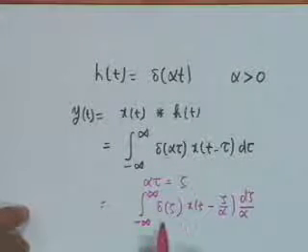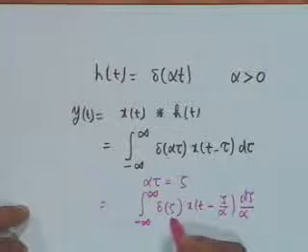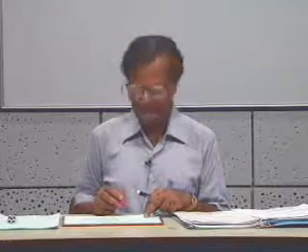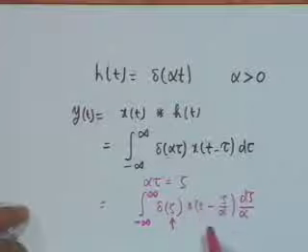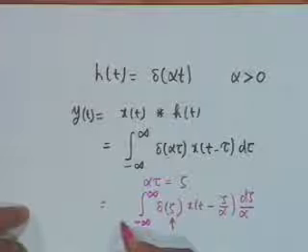And this is where you have to apply the definition of a delta function, that it exists only when its argument is equal to 0. So if zeta is 0, then this function simply becomes x(t), and alpha comes out of the bracket.